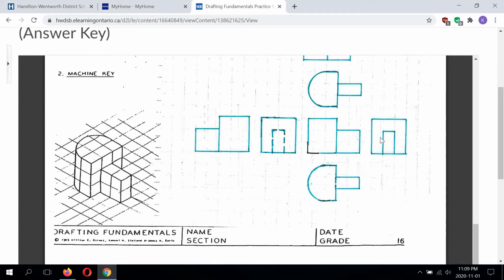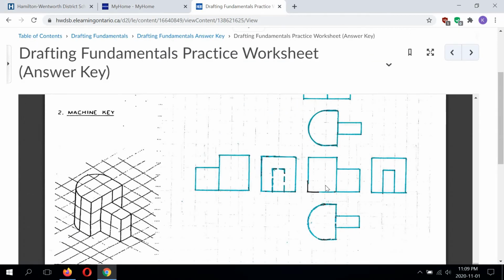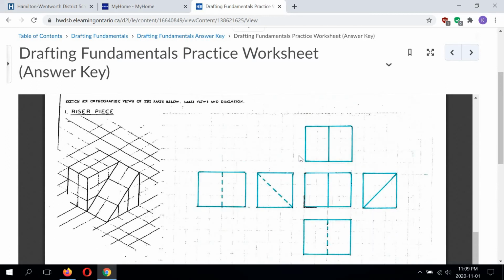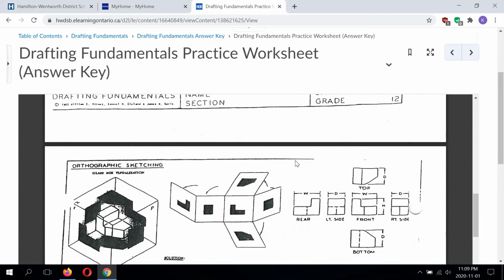That's basically it, right? We only have that hidden line and we have these hidden lines here for that one. So that is how you should lay out your 6 standard views orthographic projection for the backside.